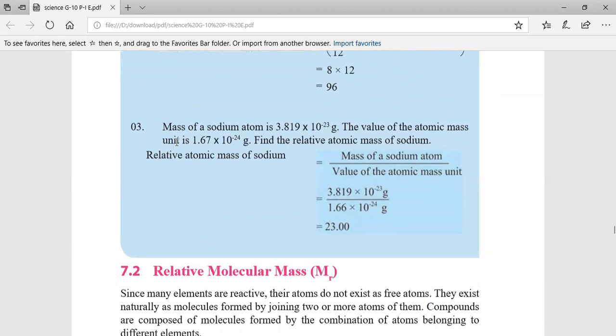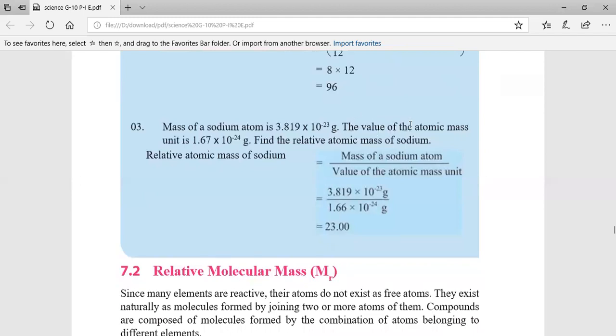Then the third question. The true mass of a sodium atom is 3.819 × 10^-23 grams.